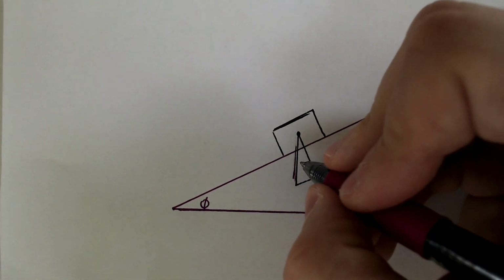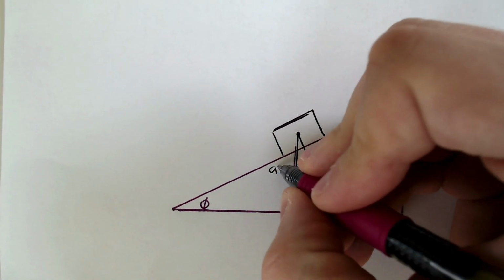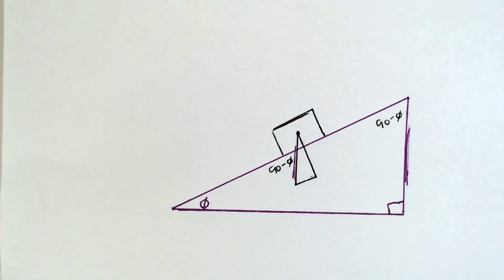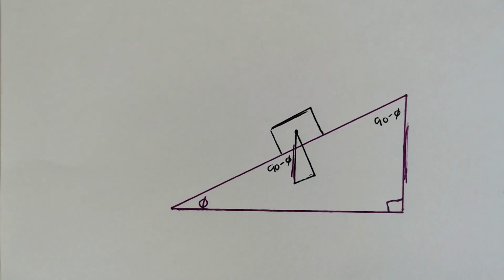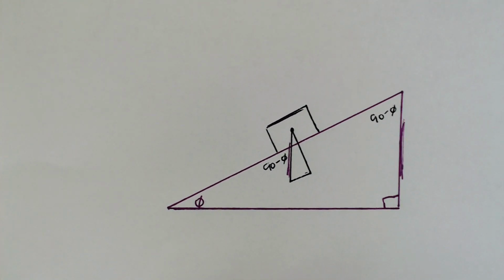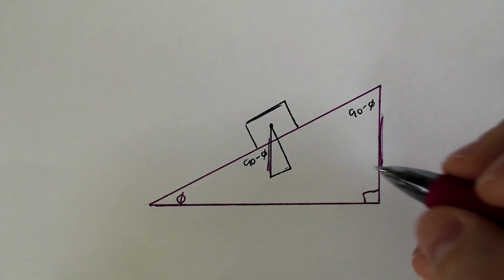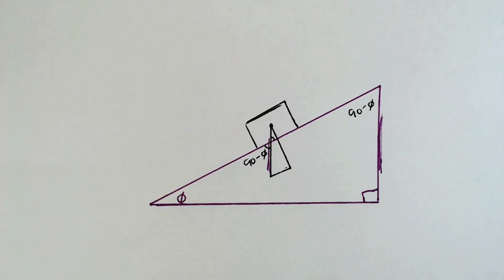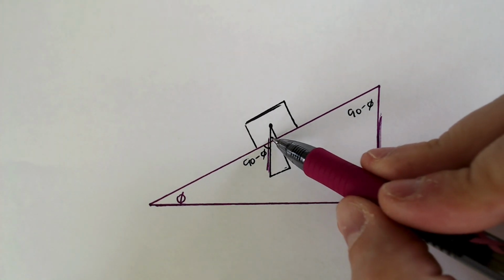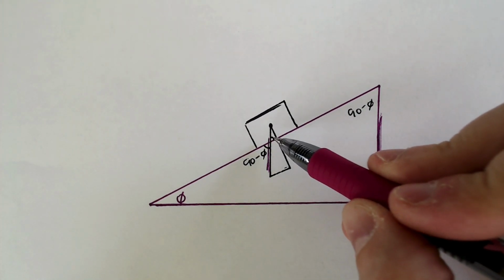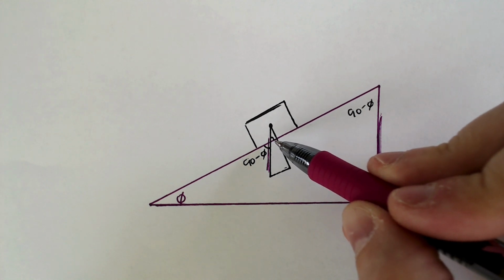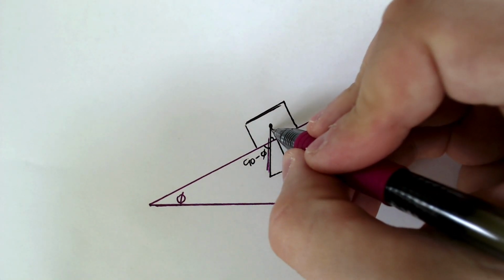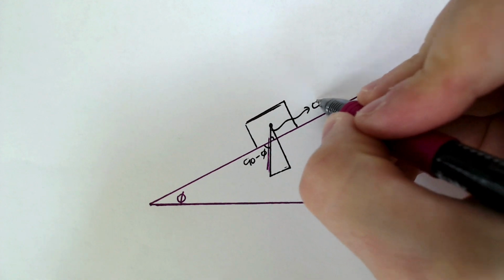So I can replace this part with a 90 minus theta. And if I replace that with a 90 minus theta, we're going to have to zoom in real quick. And I look at this triangle, we got a vertical angle right here. That means that vertical angle is also 90 minus theta, and this angle at the top would be our original theta.